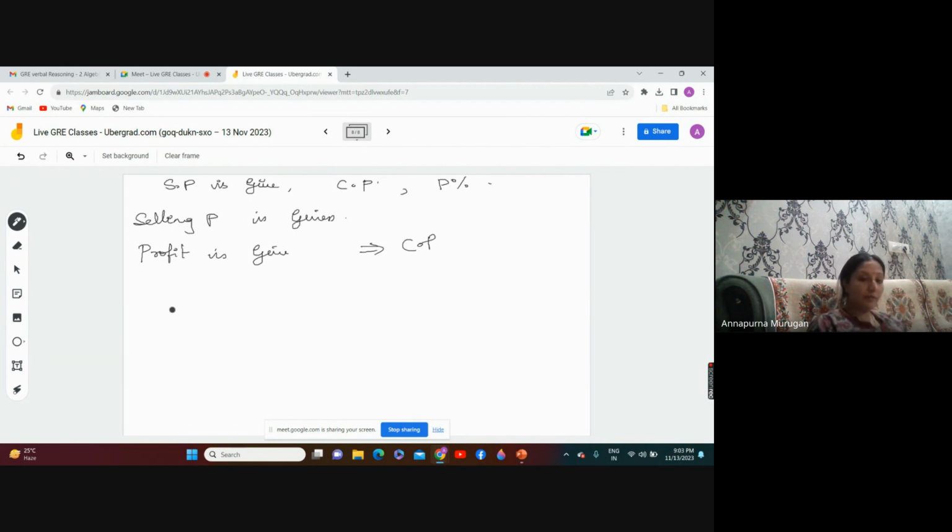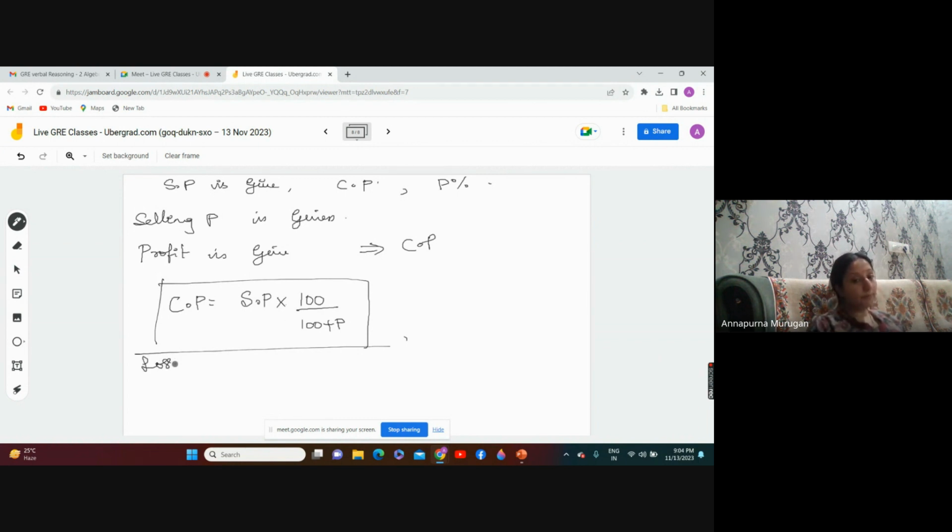No, we have a simple formula. Cost price is equals to selling price into 100 divided by 100 plus P. This is your cost price. So this is your cost price when selling price and profit is given.